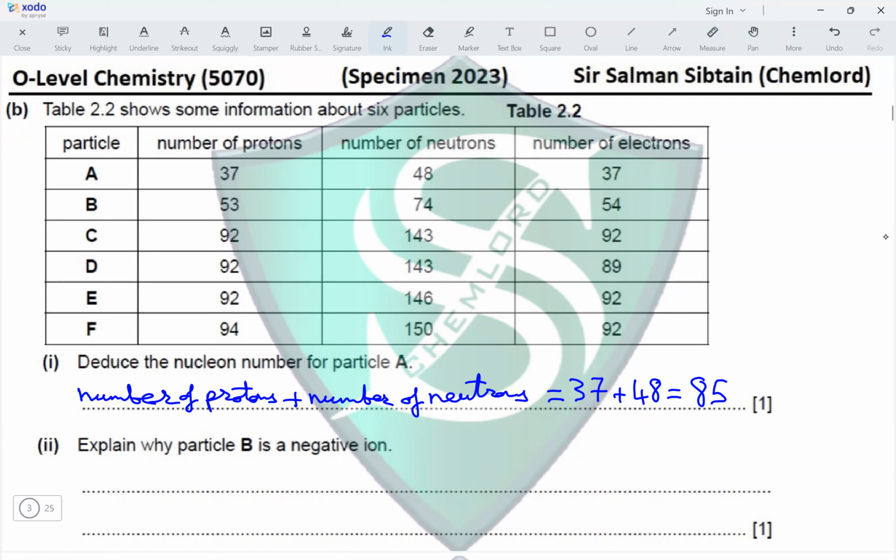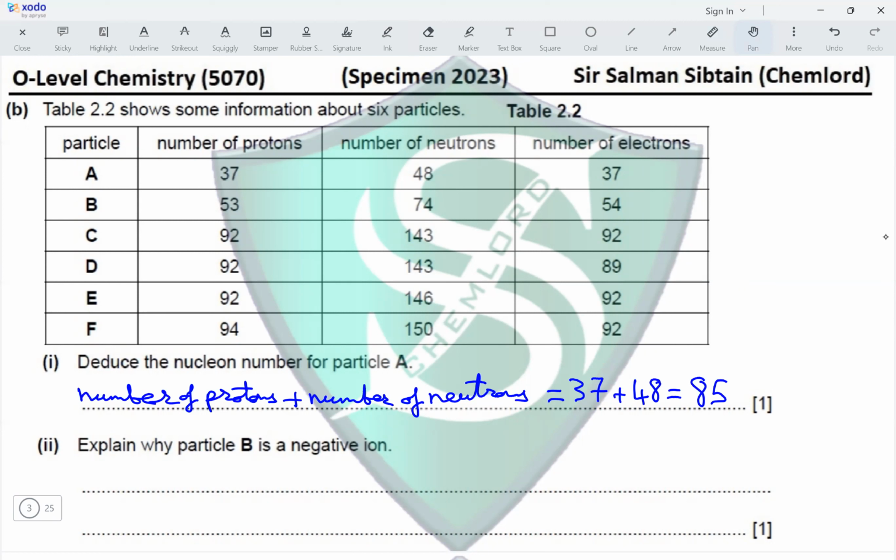Explain why particle B is a negative ion. So in order for a particle to be a negative ion, it must have additional electrons present in comparison to the number of protons, because the number of protons and electrons in an atom will be the same.